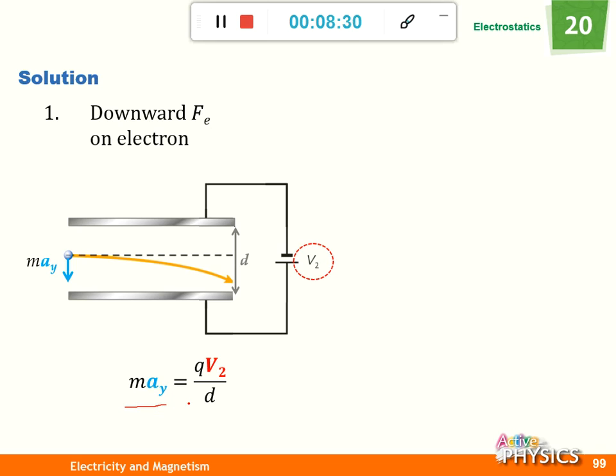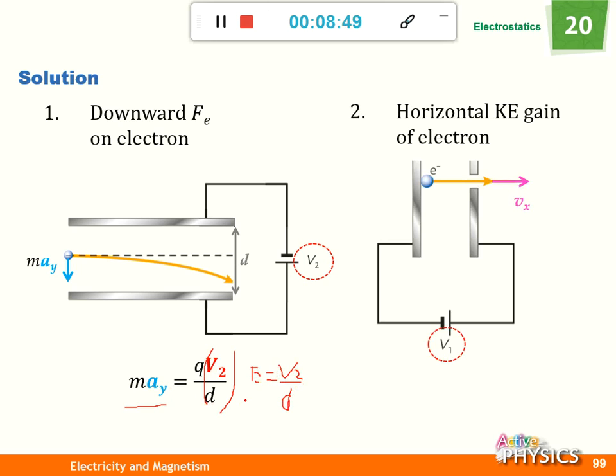This should be the net force. What should the net force be? It should be QE. What's E? E should be V over d. This V should be V2. Okay, after the calculation, we can find this.